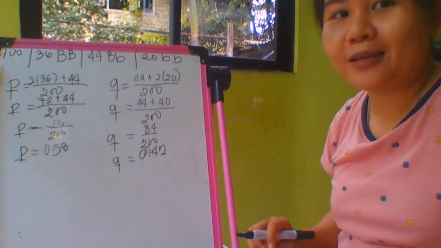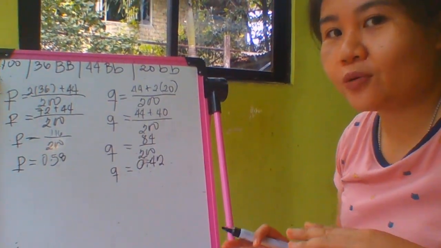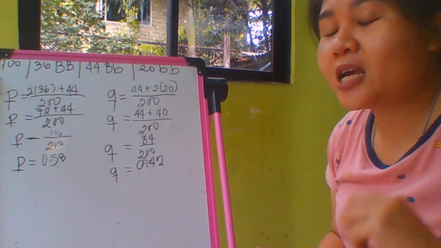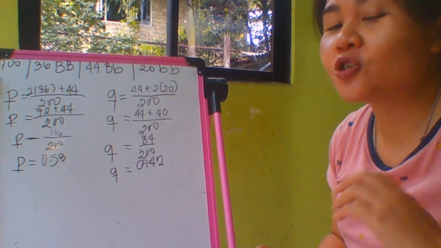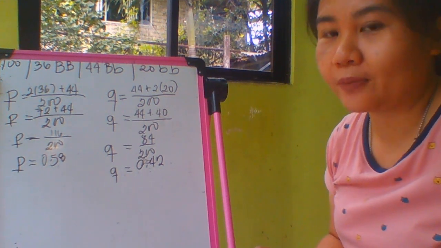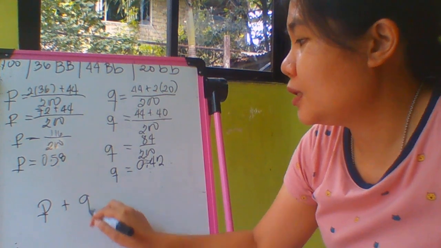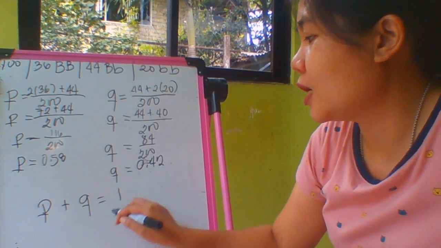Now, similar to the genotypic frequency, you also have to do a rechecking. The gene frequency should always be equal to 1. p plus q is equal to 1.